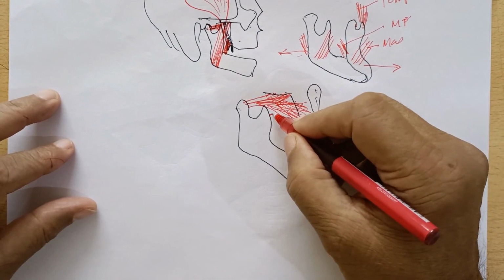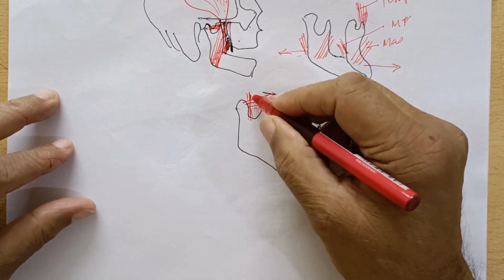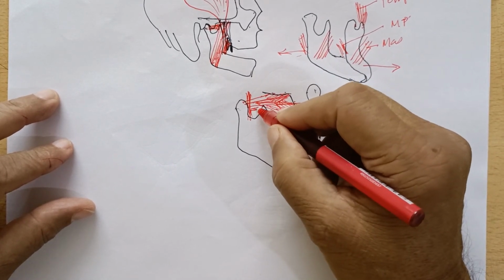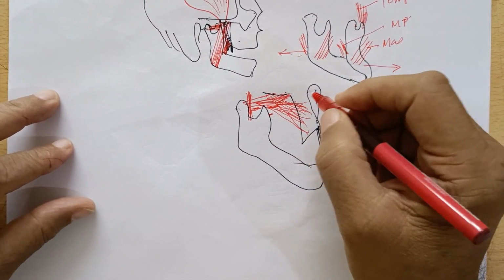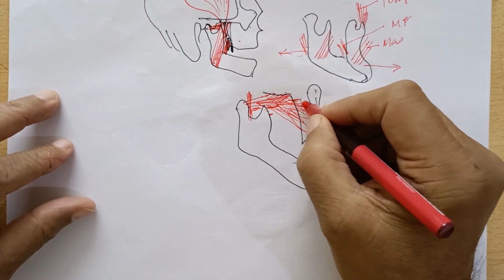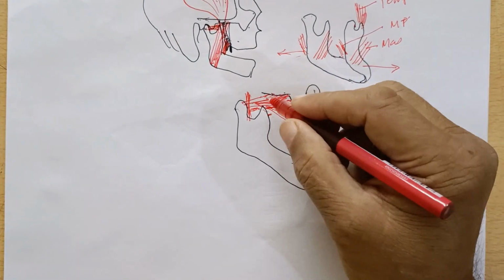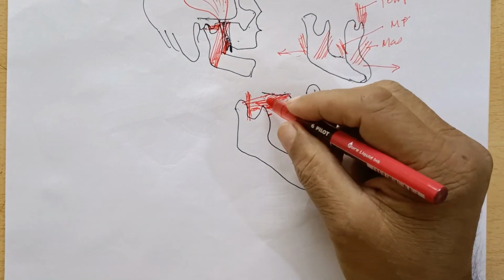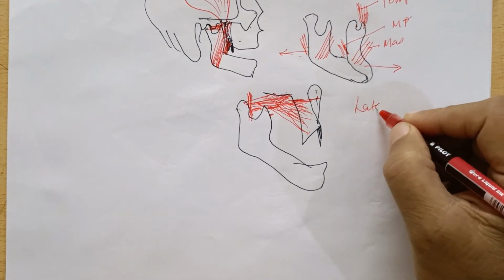The maxillary artery, the superficial temporal artery is lying here. The maxillary artery lies like this. It passes under the lateral pterygoid, crosses here and enters the pterygopalatine fossa. So there's a maxillary artery with which this muscle is related. So this is the lateral pterygoid.